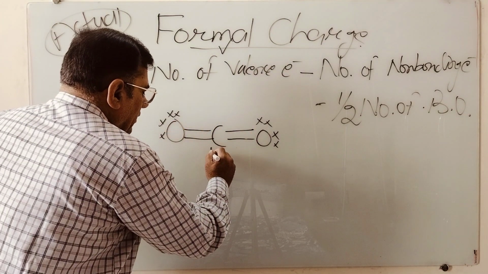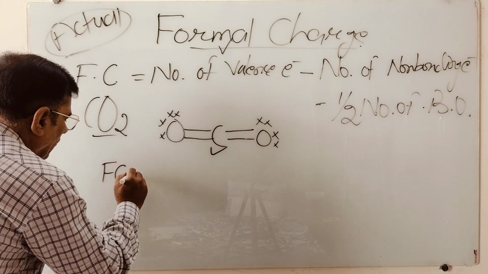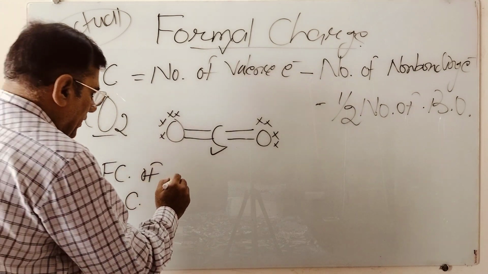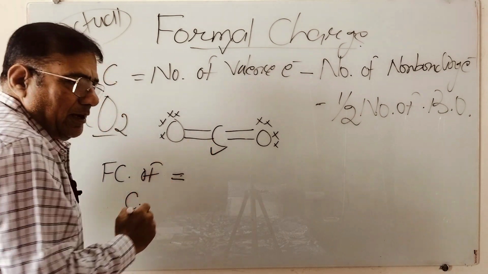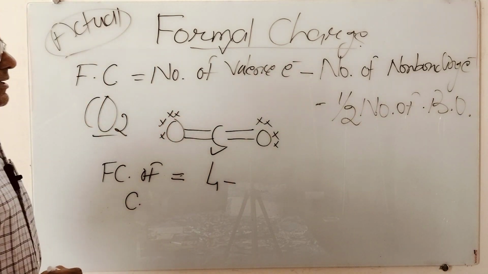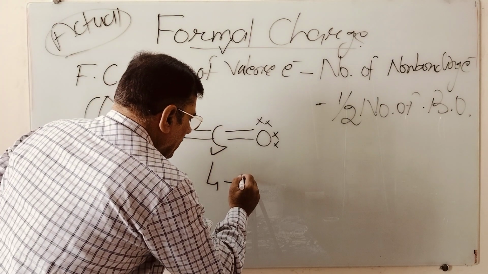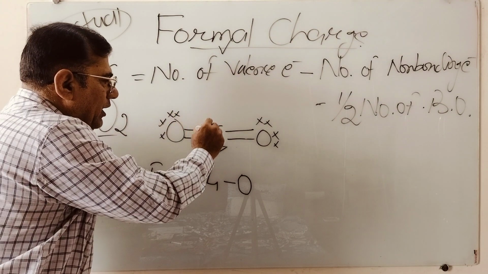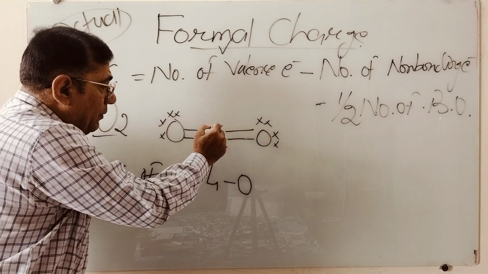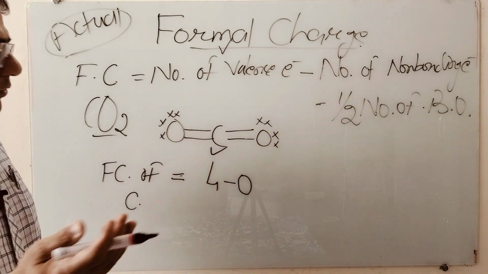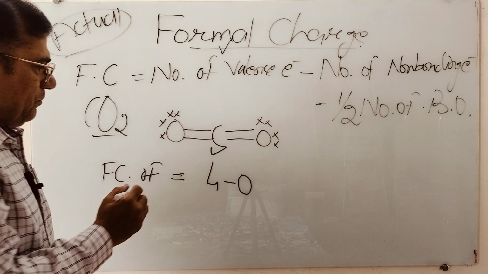Suppose first I calculate the formal charge of carbon. Number of valence electrons 4, right? Minus number of non-bonding electrons, I am looking 0. In oxygen there are two lone pairs, but carbon doesn't have any lone pair. All the 4 electrons are engaged in bond formation.